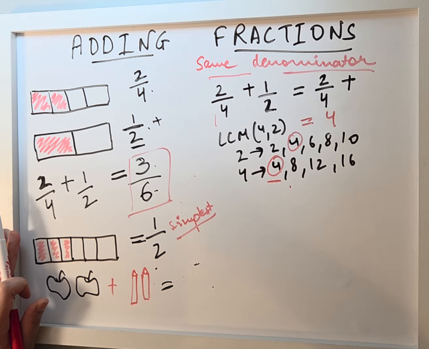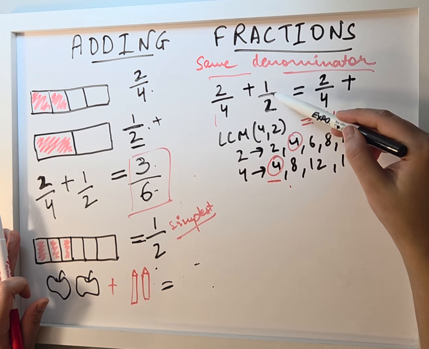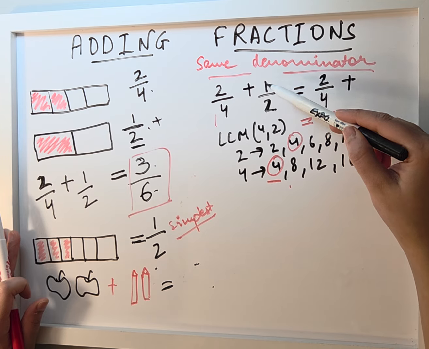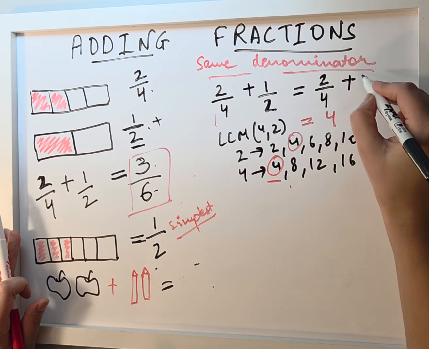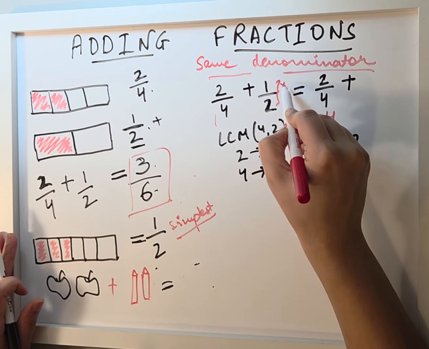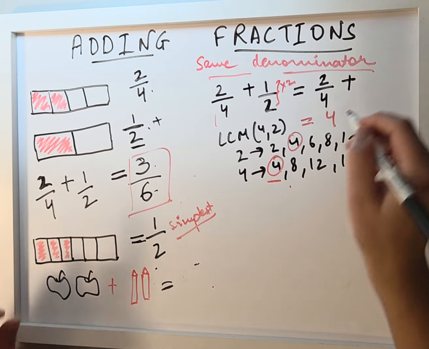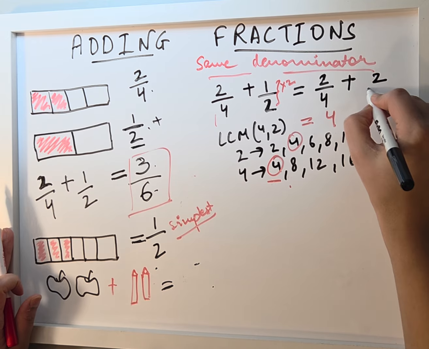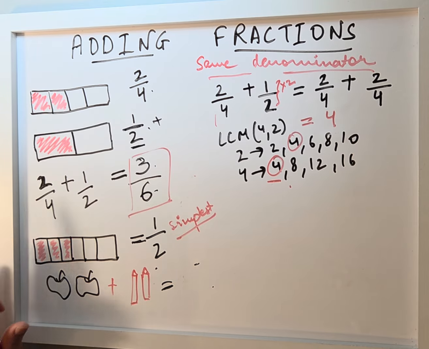And if we don't want to change the question, whatever we do to the denominator we have to do the same with the numerator. So we multiply both 1 and 2 by 2. 1 into 2 is 2 and 2 into 2 is 4.